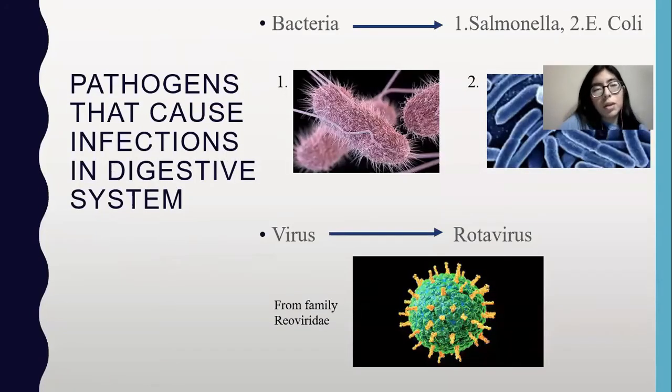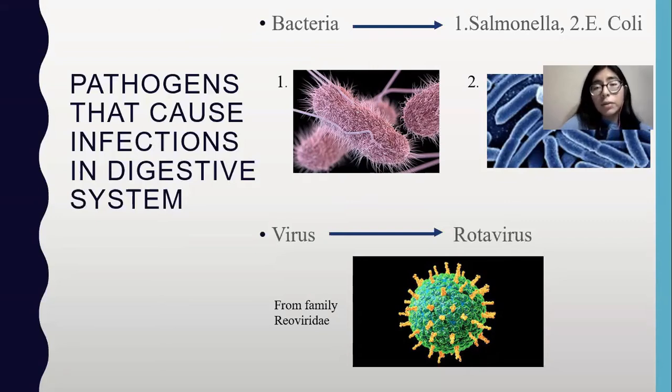The pathogens that we are going to focus on, which cause infections in the digestive system, are the bacteria Salmonella, which is gram-negative, meaning that it has a thin layer of peptidoglycan, and it is rod shaped.